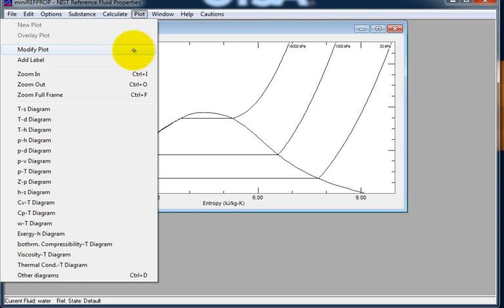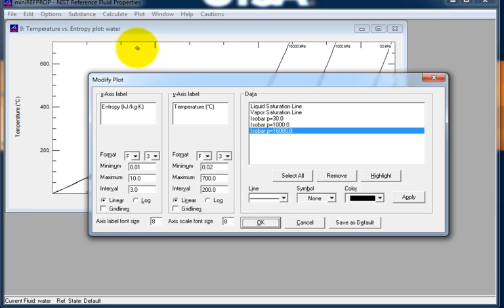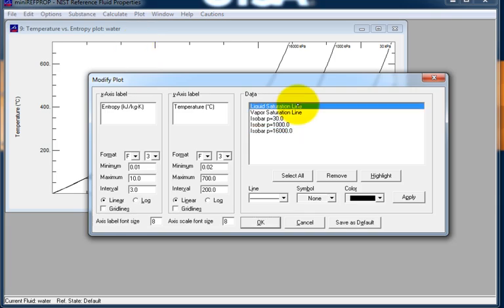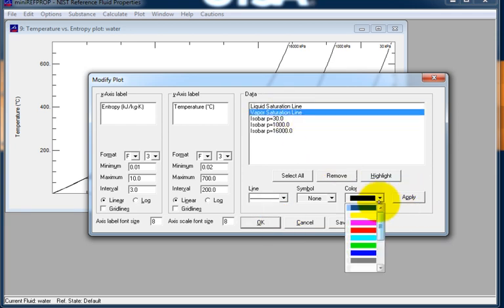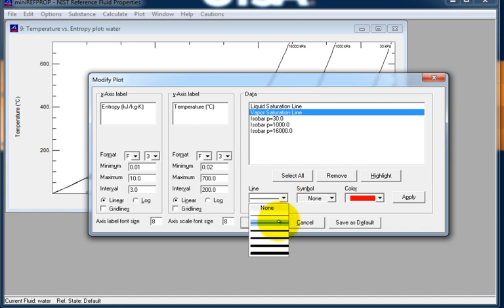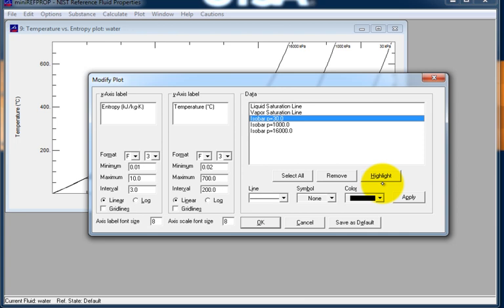Modify plot. And maybe the saturated liquids I want to color blue or darker blue. And maybe I like a thicker line. I don't know. Just apply it. Then the saturated vapor, maybe I want to put it red with a thicker line. Apply it. Maybe these I want to put blue.